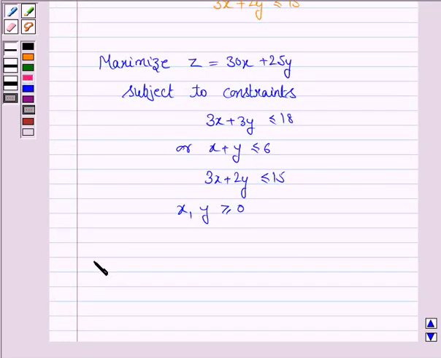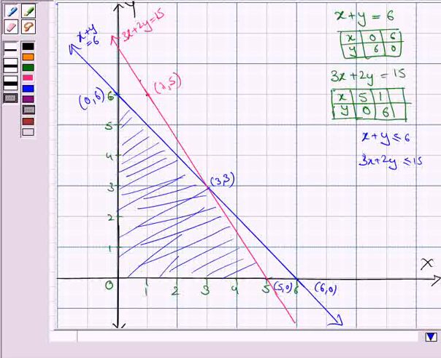So the vertices of the feasible region are 0, 6, 3, 3, 5, 0.